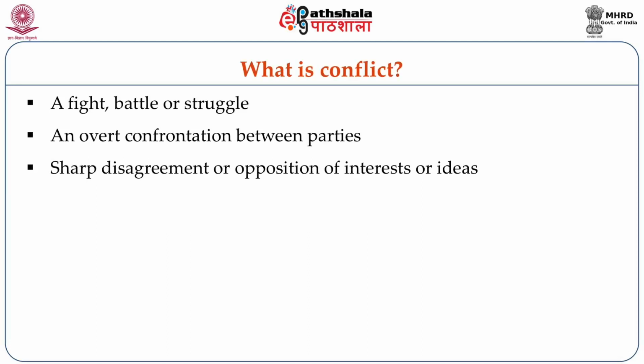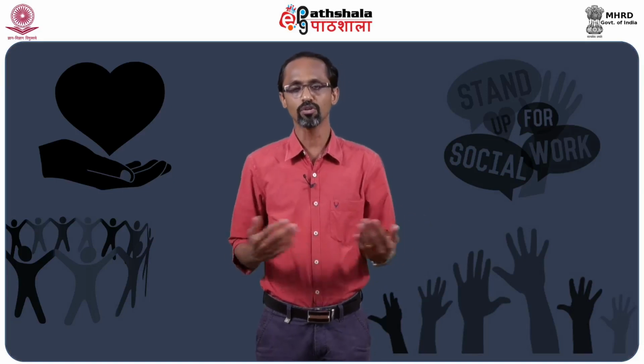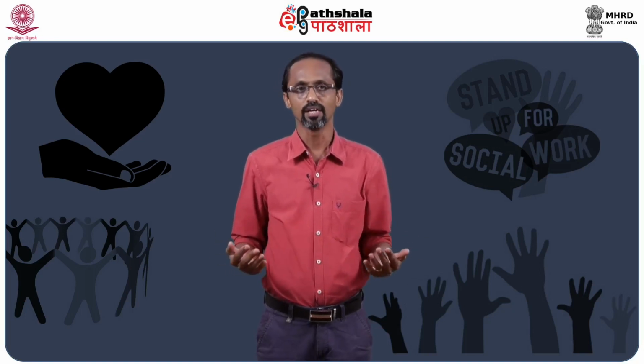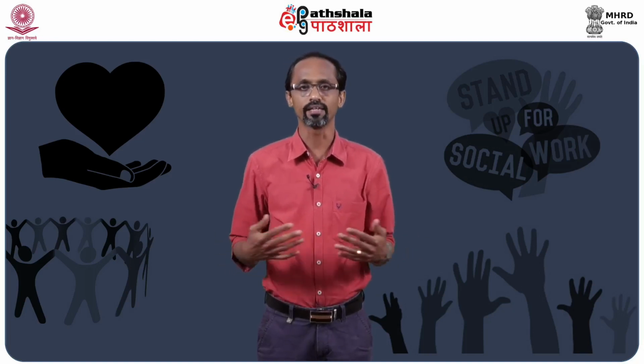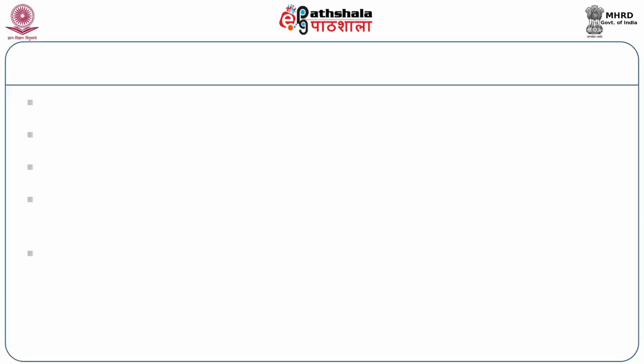It could be on the basis of an inability to achieve the aspirations of a particular group vis-a-vis another group. So the idea of conflict could be emerging from a disagreement or a confrontation between different parties involved in regular interactions.